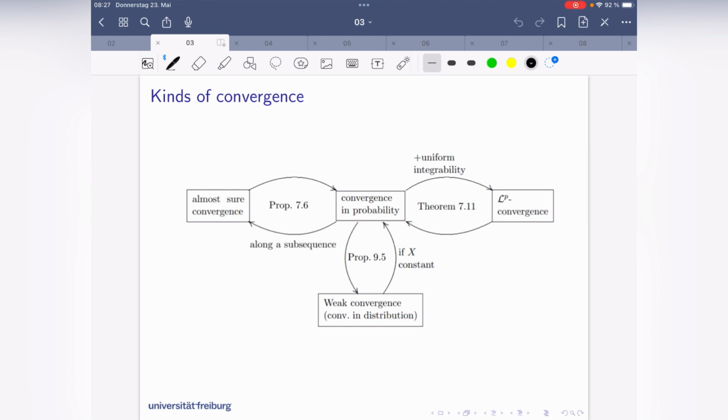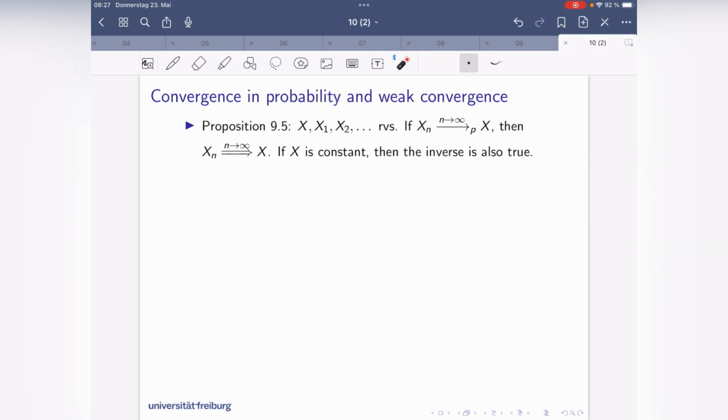So here we also have weak convergence, and from convergence in probability we also have weak convergence, and if the limit is constant we can also come back here. That's exactly this statement. So if random variables converge in probability, then they also converge weakly.